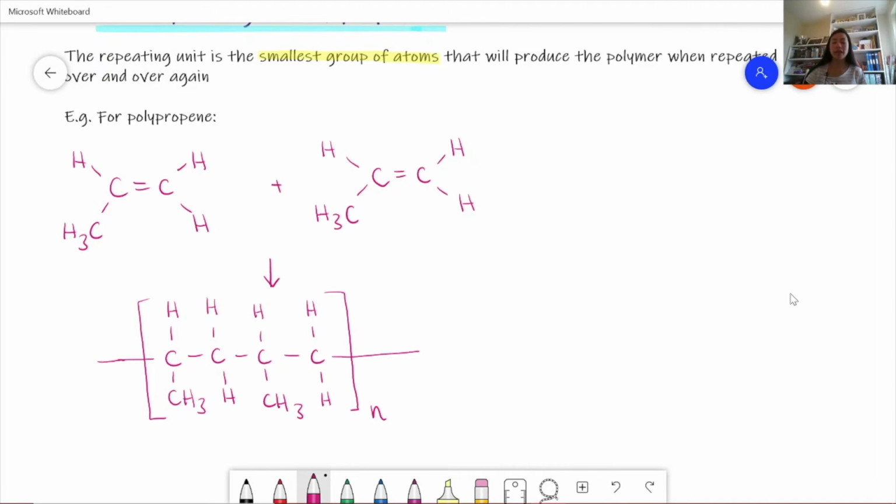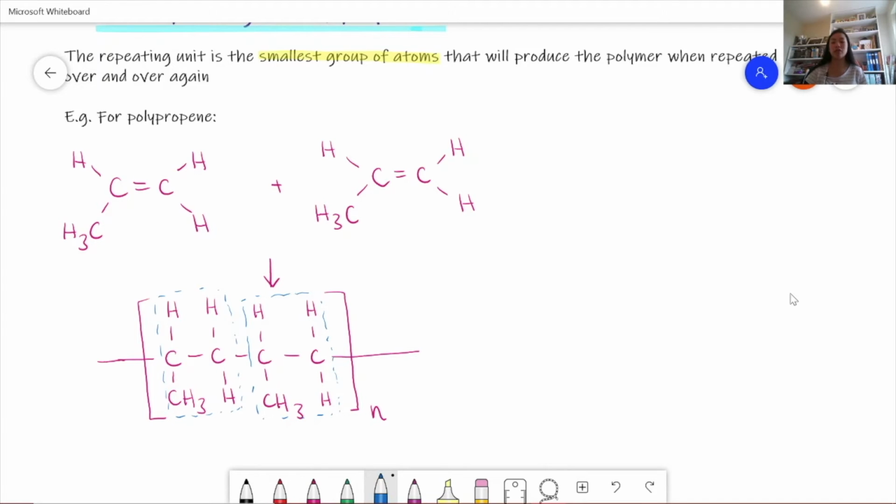And so to find the repeating unit, we need the smallest group of atoms that will produce this polymer when repeated over and over again. And so we can see that if we take this bit, actually this is exactly the same as this bit next to it. And so the repeating unit is just one of these, because this is actually a repetition of the repeating unit.